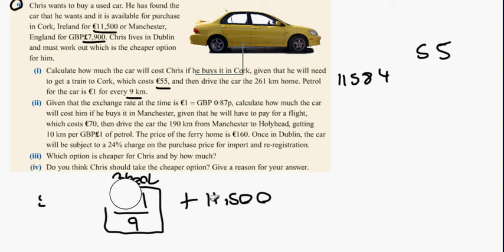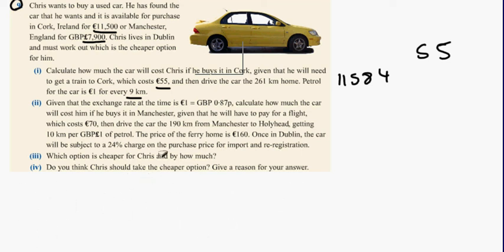Given that the exchange rate at the time is €1 for 89 pence sterling, calculate how much the car will cost him if he buys it in Manchester. He'll have to pay for a flight, which is €70. He'll have to drive the car 190 kilometres.